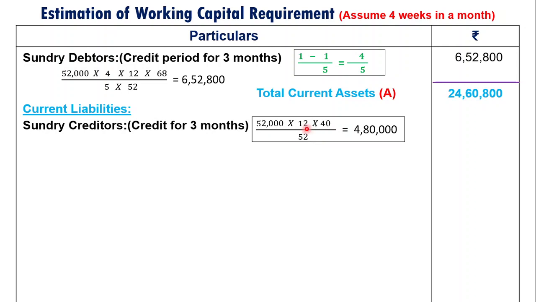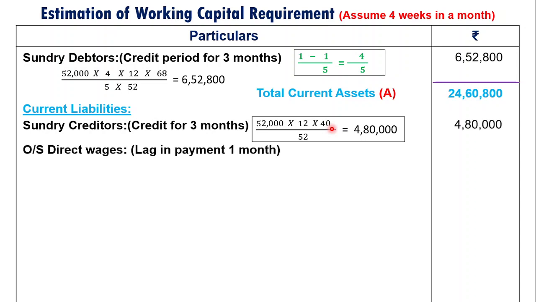So that's why 12 divided by 52 into 40, which is the per unit value of raw material. 4,80,000 is the amount of sundry creditors, to be recorded in the outer column.